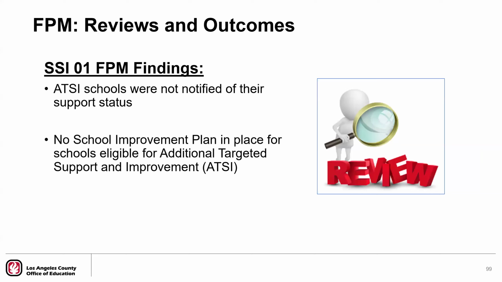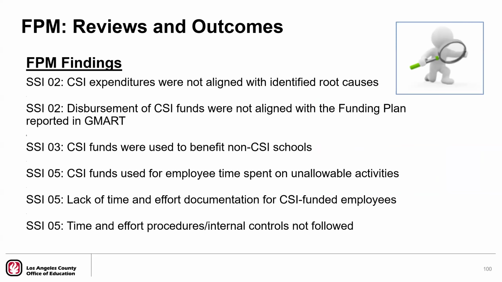Here are some findings from current FPM reviews that have taken place. In SSI 1, the ATSI schools were not notified of their support status. Also, there was no school improvement plan in place for the schools eligible for ATSI.